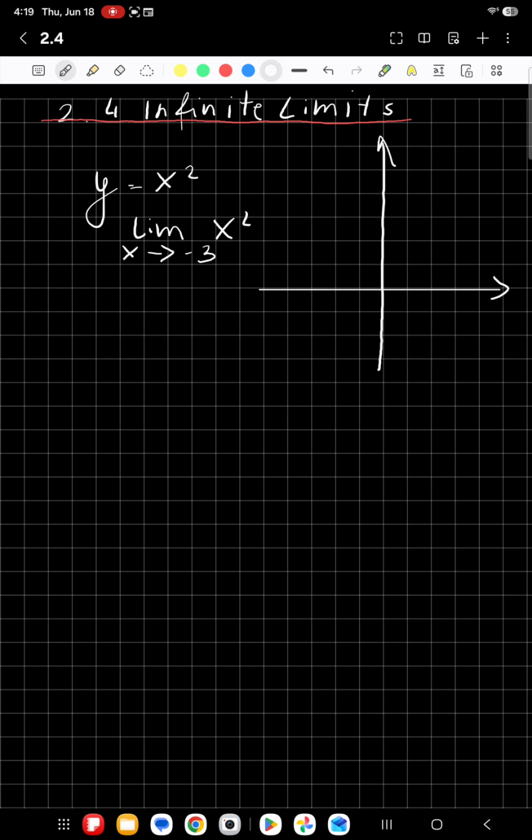So this is just a regular parabola. At 2 we have 4. I should have picked a different number.